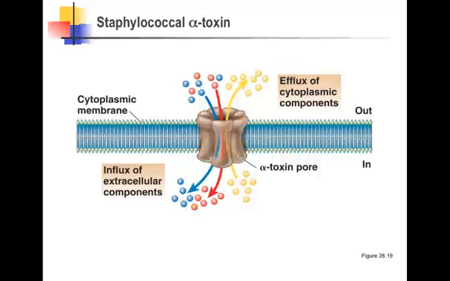So an example here of an alpha toxin, a cytolytic toxin: individual toxin molecules can coalesce or self-assemble into a pore structure that inserts itself into the cytoplasmic membrane, and those pores then act as an unregulated channel for the movement of charged ions that can result in osmotic stress on the host cell and eventually cell lysis.